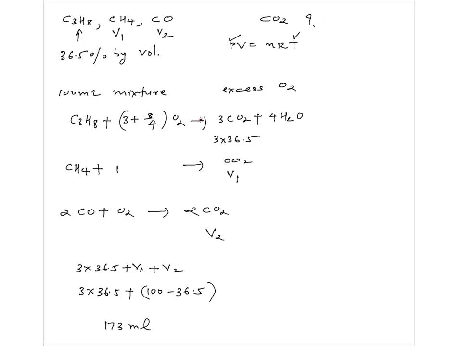So 1:3 relationship for moles, but because volume is proportional to moles, it will be 1:3 relationship for volume also. 100 ml is there. 100 ml, 36.5% is 36.5 ml. So 1 ml gives 3 ml. So 36.5 ml gives 3 into 36.5 ml carbon dioxide.